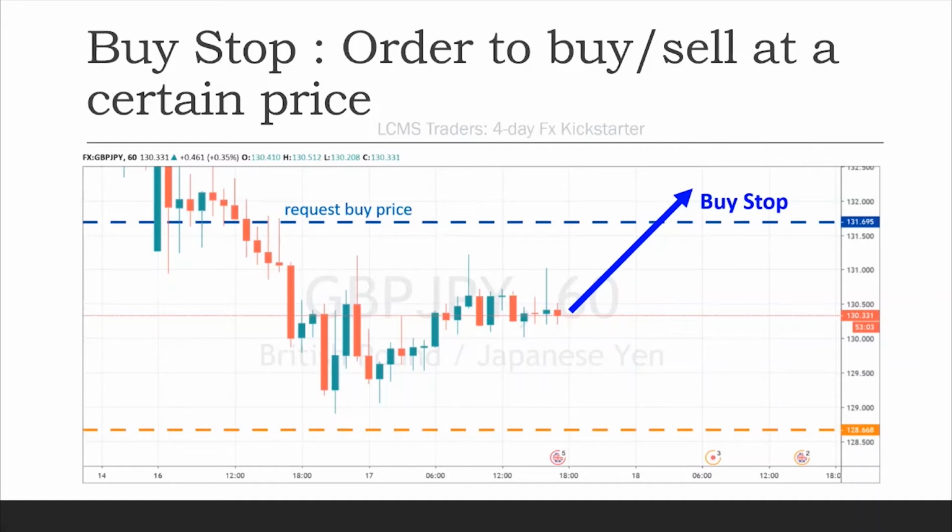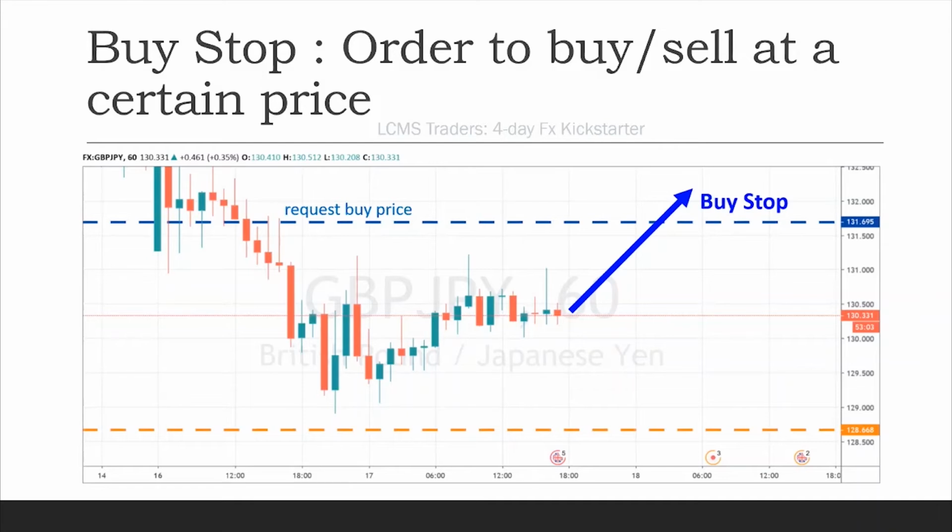You're not going to sit there and wait for price to move up towards 131.69 before you click the market order to buy. You could put a buy stop order. What this means is it will go towards 131.69, and it will buy at that point, with your analysis and expectation that it will go higher off 131.69, towards your next target.